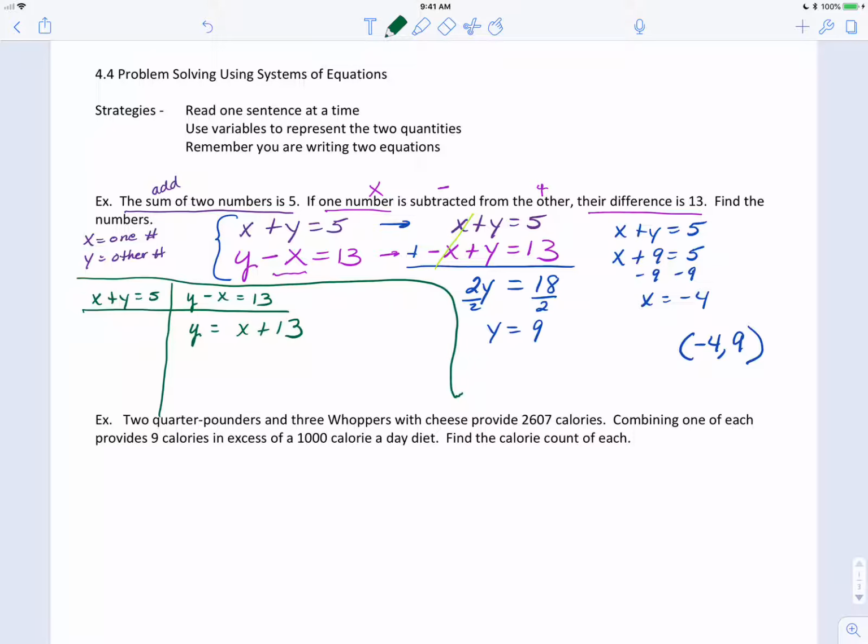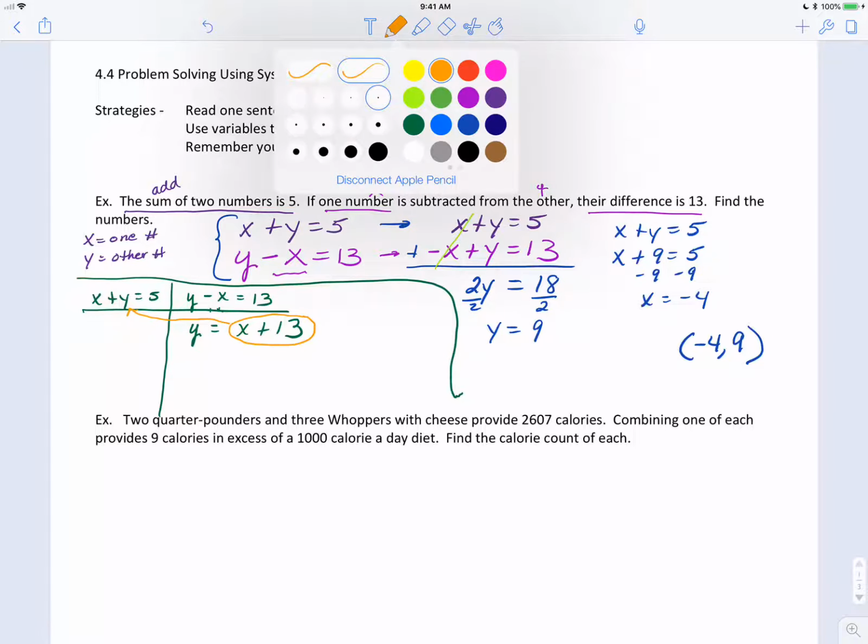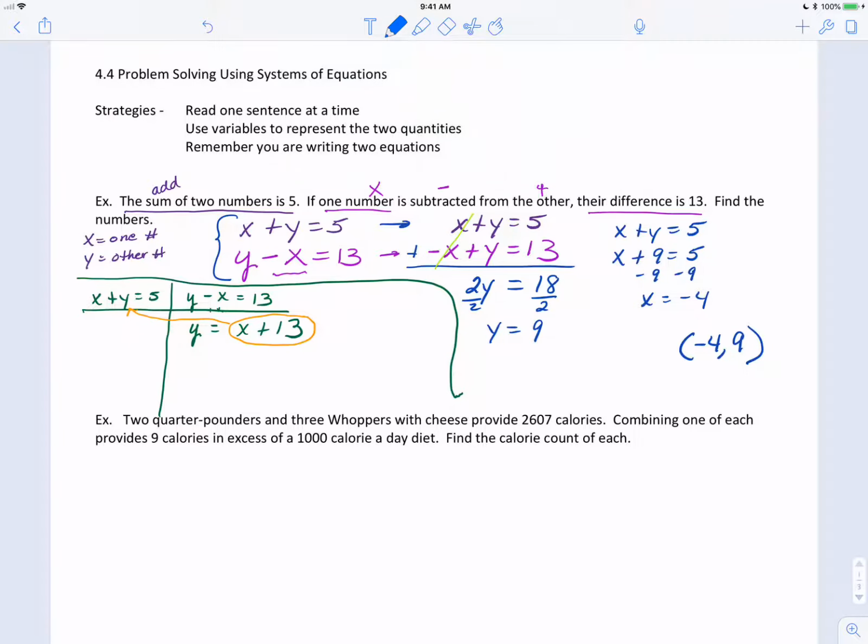Well, remember, we solved one of these equations for one of the variables. So all I'm going to do here is take that x and move it over to both sides. So y is equal to x plus 13. And remember, now we take this and we go stick it in for y in the other equation. So x plus y, which we now know is x plus 13, is equal to 5.